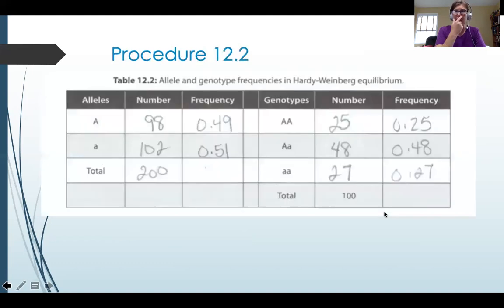If you look at procedure 12.2, we should be on page 170. You have this population, your 200 beads in there, 100 yellow, 100 red. What I have you do is reach in and pull out 2 and record the genotypes.